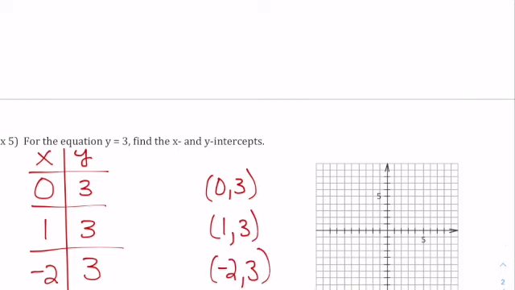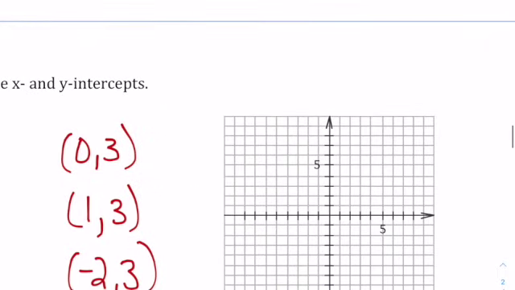If you plot them, that is going to be (0, 3). That's (1, 3). And that's (-2, 3). And if you connect your dots, you should notice it will never cross your x-axis.